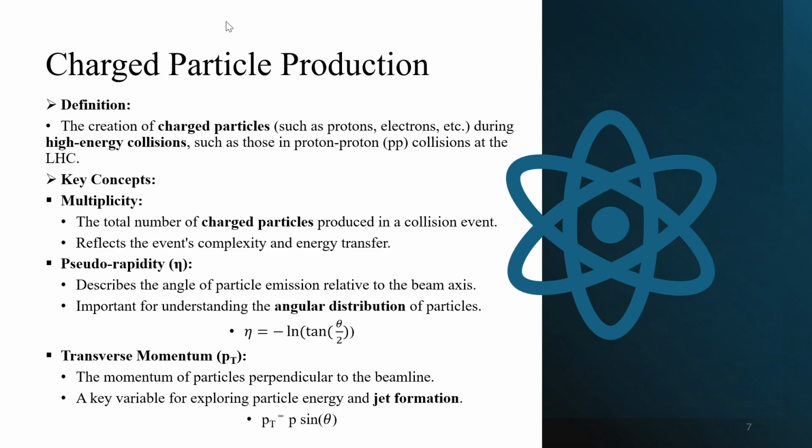Here is the relation of the pseudo rapidity: eta equals minus ln of tan theta by 2. And transverse momentum is the momentum of a particle perpendicular to the beam line, and this is very crucial for jet formation.